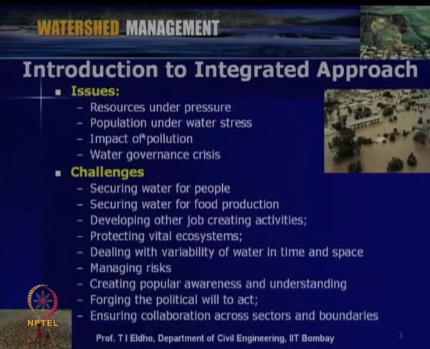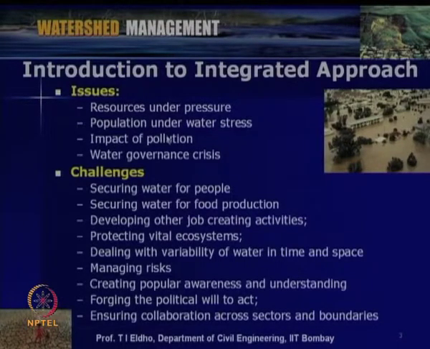So, within the perspective of water, the various issues in a river basin or in a watershed are, so, the resources like water or land are under pressure. Then, in many places populations are under water stress, I mean sufficient water is not available, and even where water is available in some locations, the quality is not good enough.